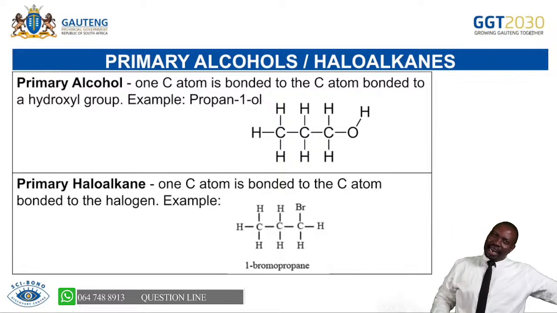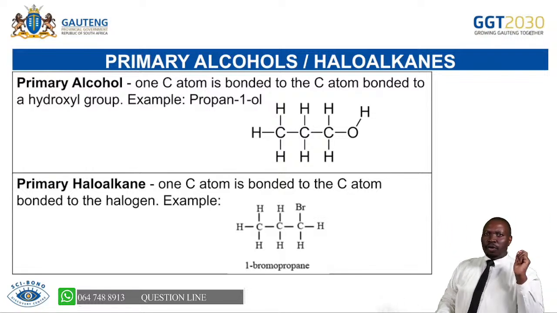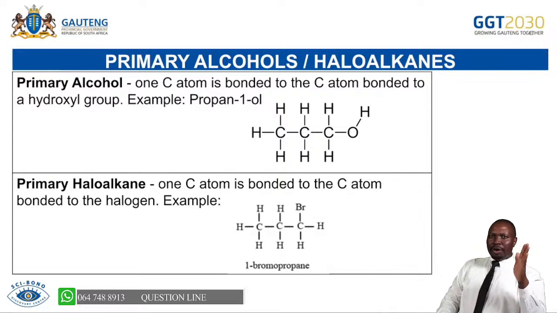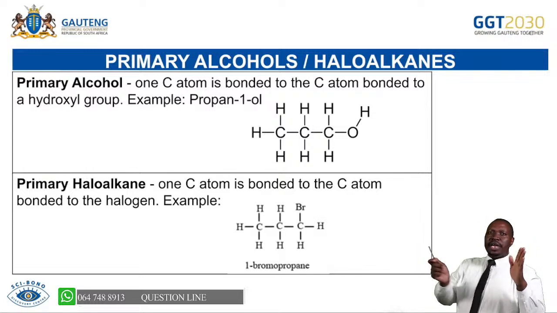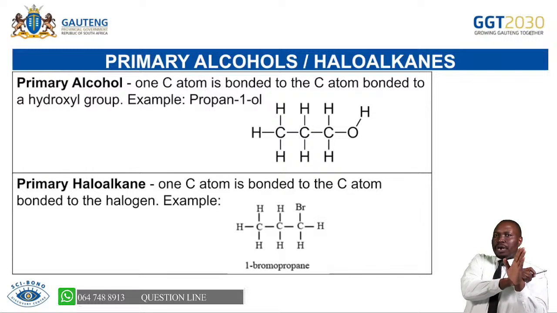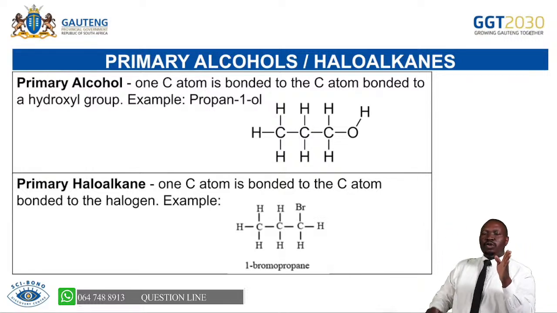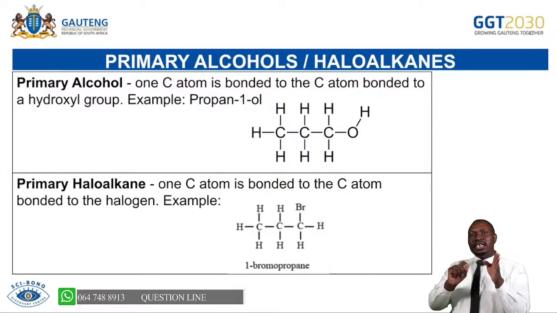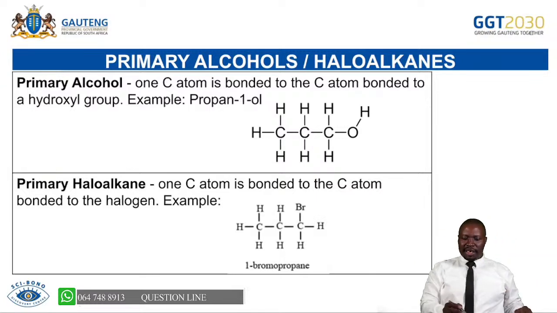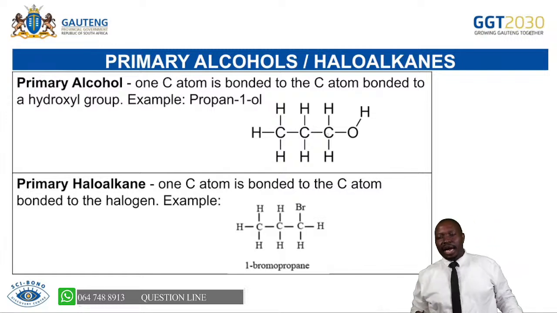When it is bonded to one other carbon, we call it primary. I think you already understand secondary now. For the primary one, the carbon bonded to the hydroxyl group is bonded to one other carbon. For secondary, obviously, it means the carbon that is bonded to the hydroxyl group must be bonded to two other carbons. So we're increasing the number of carbons that are bonded to the carbon that is bonded to the hydroxyl group.